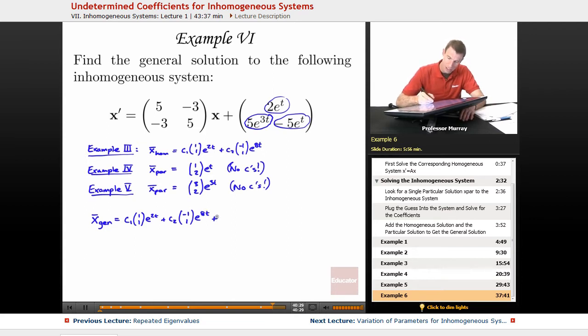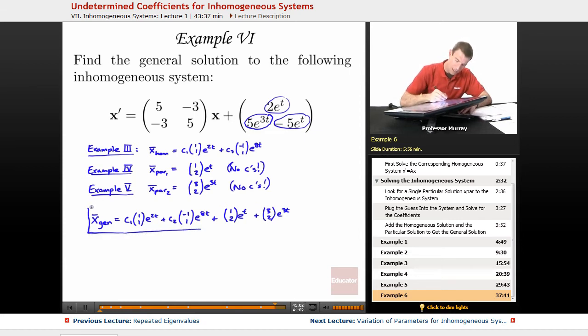And now I'm going to add on each one of those x particulars, the first particular solution and the second particular solution: 1, 2, e to the t, and for the second one, 3, 2, e to the 3t. So we add all those together, and that is the complete solution to that inhomogeneous system.